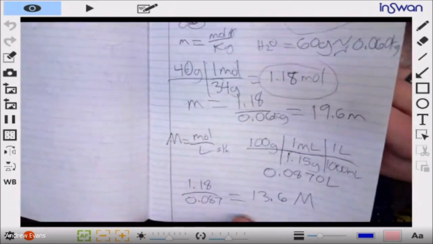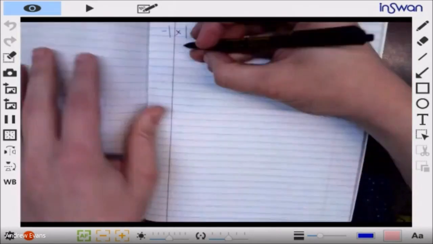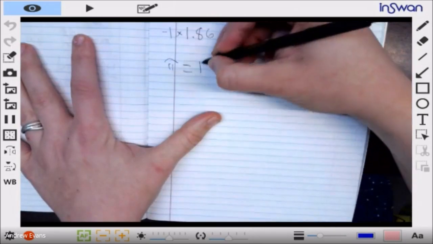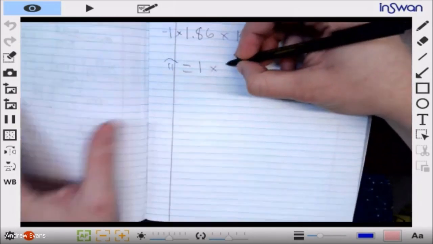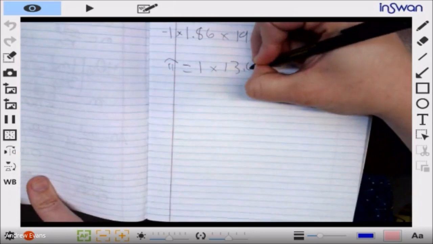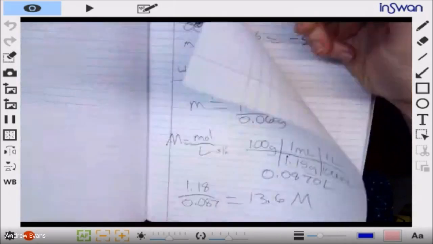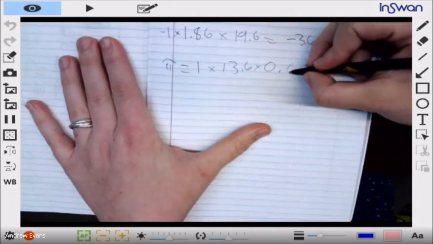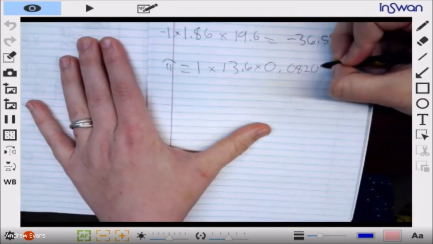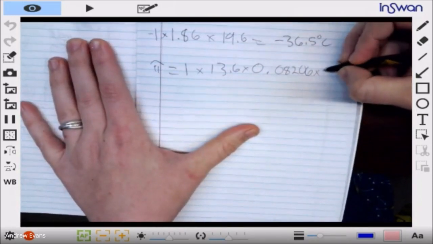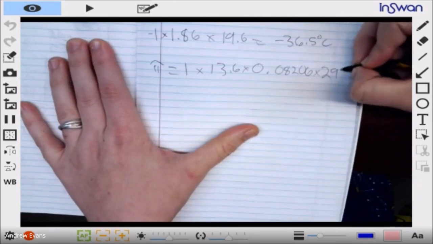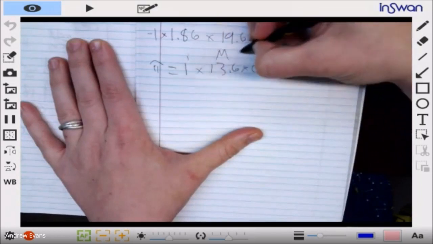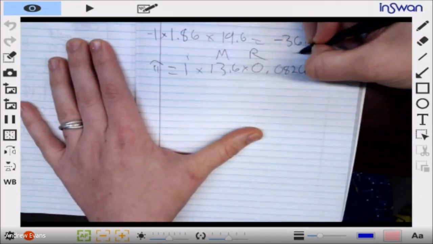The osmotic pressure is i times M, which is 13.6 as well, times R times T, which at 20 degrees is 293 Kelvin. iMRT.